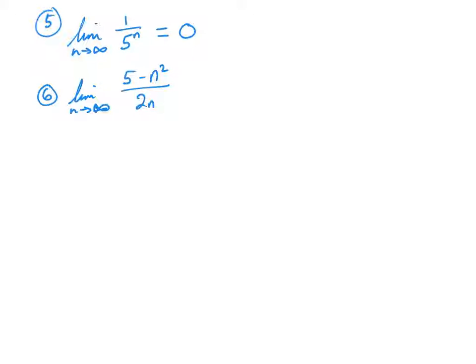I could split it up, I could divide everything by n squared, I could look at my greatest exponent values. So the limit as n approaches infinity of 5 over 2n minus the limit as n approaches infinity of n squared over 2n.